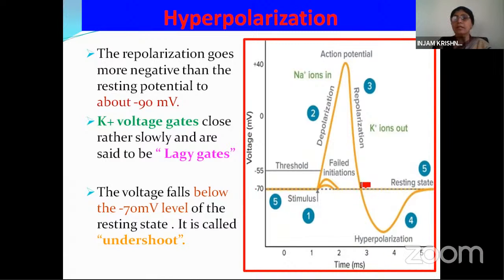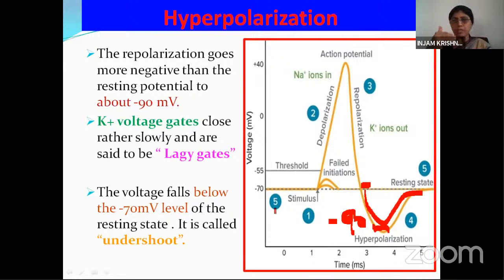The potassium gates have to be closed here, but potassium voltage gates close rather slowly compared to sodium. That's why potassium efflux is more, so it reaches more negativity inside. That is called hyperpolarization. From minus 72, it may reach minus 90 millivolts.